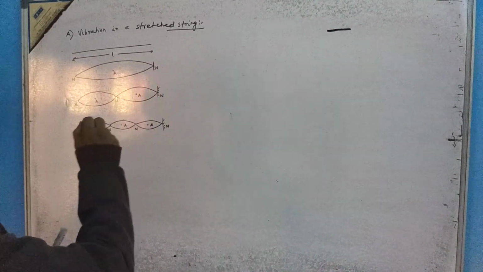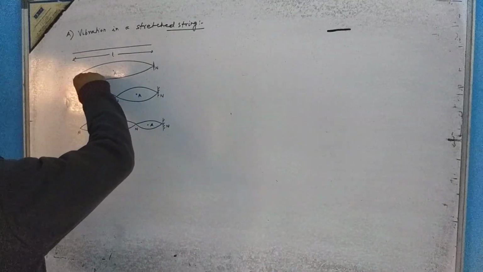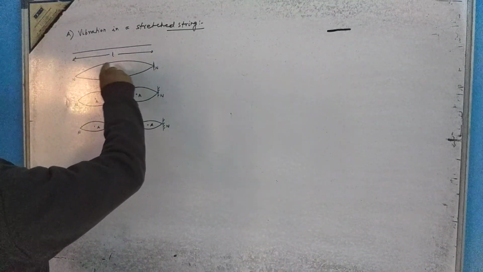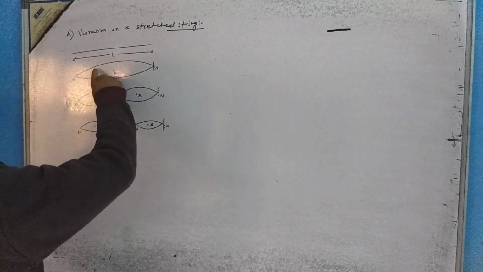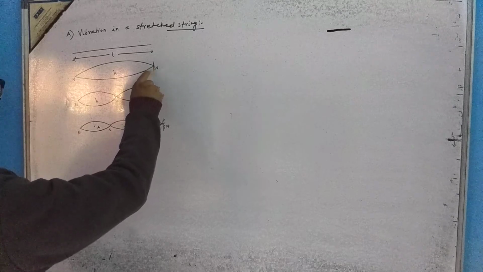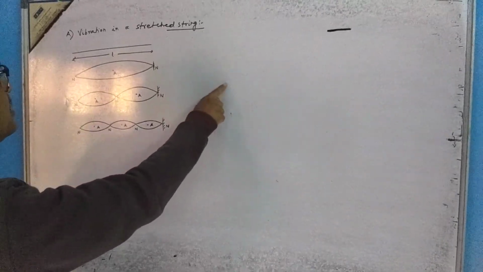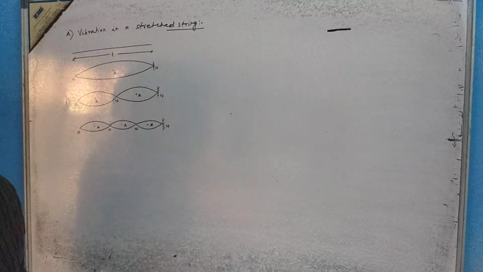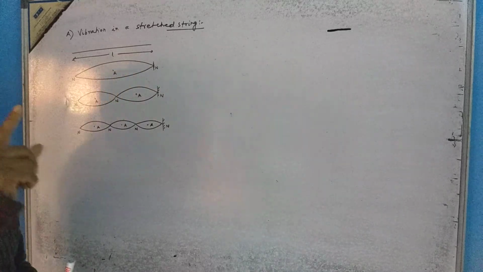But what happens? Due to the formation of the stationary waves, suppose a transverse traveling wave goes like this and it is reflected back. Like this it goes in the positive x direction, and then the negative x direction is coming. Just see a very important thing.